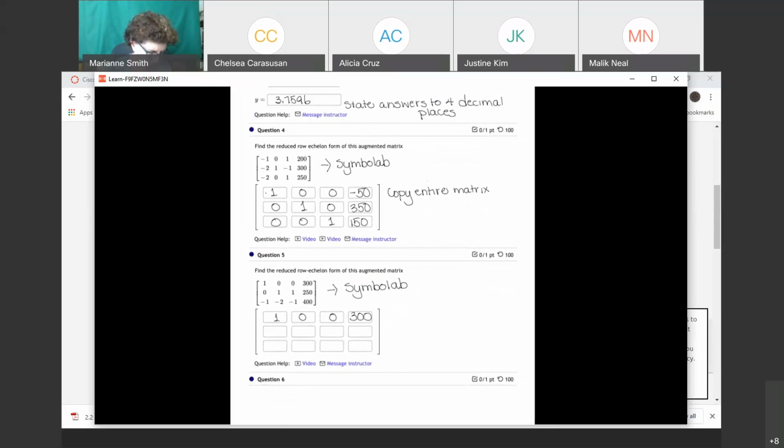But this is what you would need to put in as your answer. Okay, so copy entire matrix. Alrighty, so everybody's good with these, relatively straightforward questions.